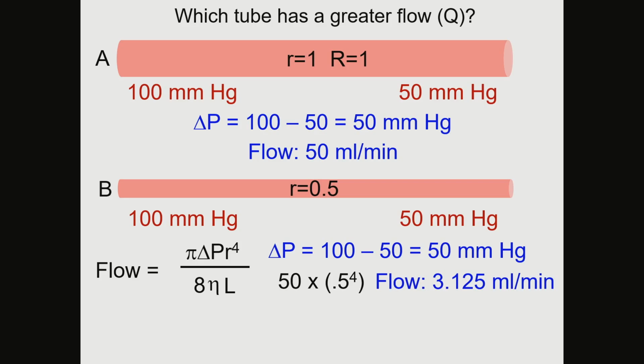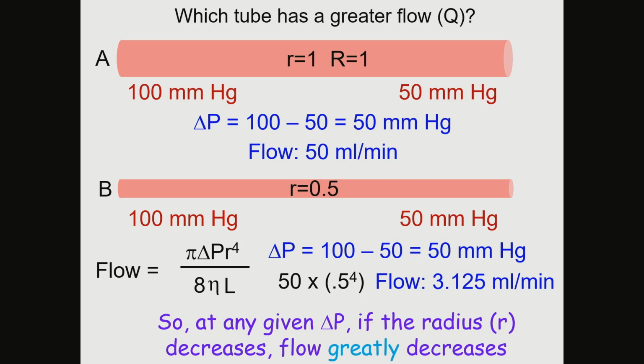You don't have to remember all those numbers, but this illustrates that at any given delta P, if the radius decreases, then flow greatly decreases. So, like I said, the change in radius can have a big effect on flow.